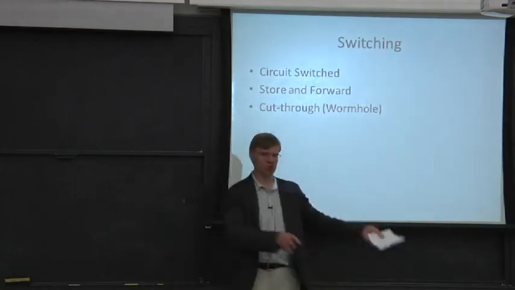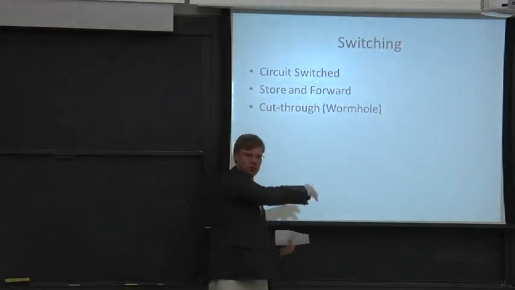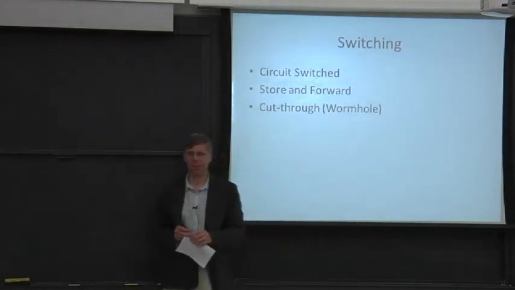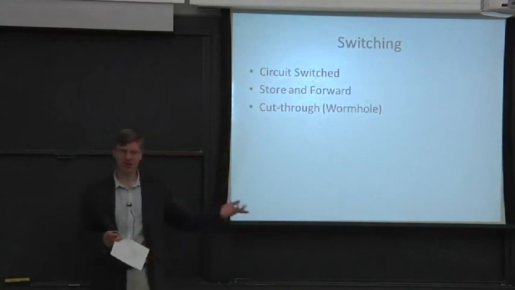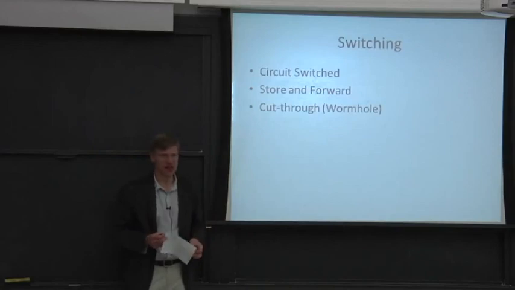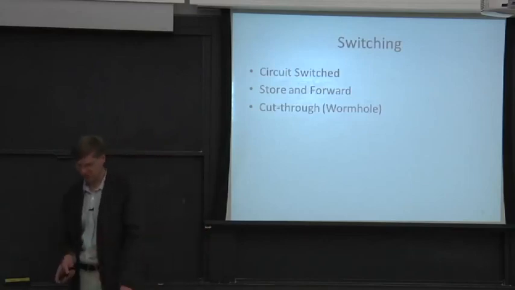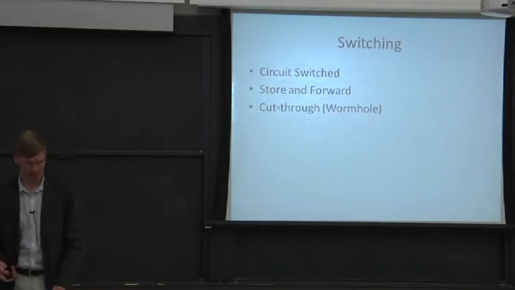Hence, it actually worms through the network, and you can have a message sort of strung through multiple different nodes. And this is what we have as our cut-through networks. So I just want to introduce those 3 ideas and think about them as we go on to build networks. We'll talk a little bit more about cut-through networks when we get to routing.